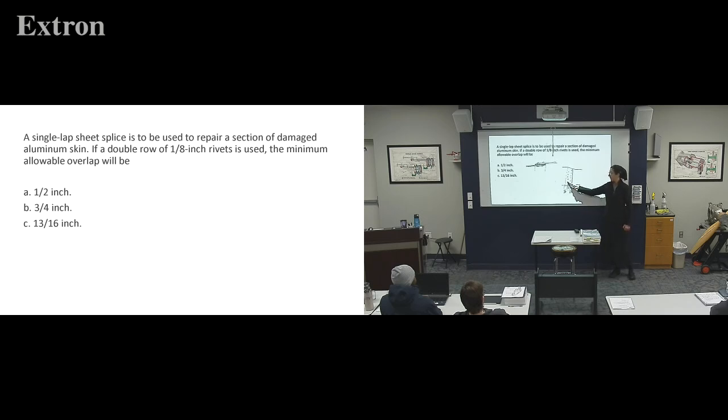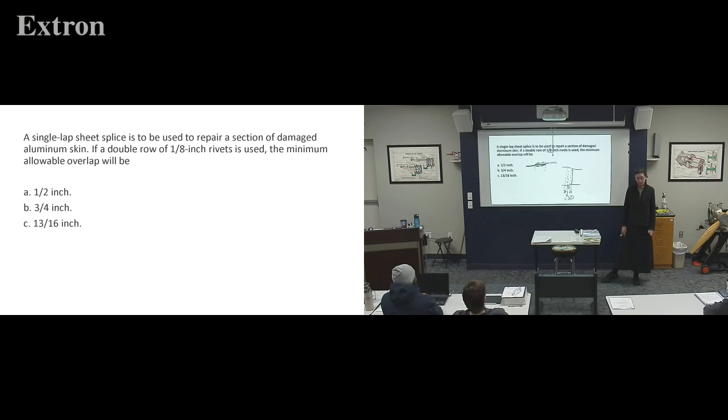Absolute minimum for a staggered row of rivets is what? 2.5 of the diameter. 2.5D, and it is a 1/8 inch rivet. So if you go 2, 4, 6.5. That's why I don't do math in my head. 6.5 times 1/8, you'll end up with the correct answer.